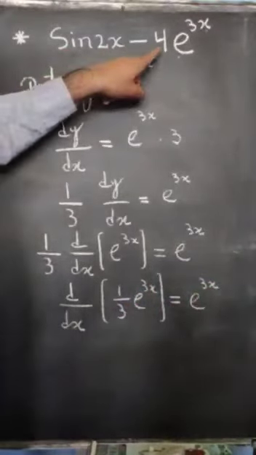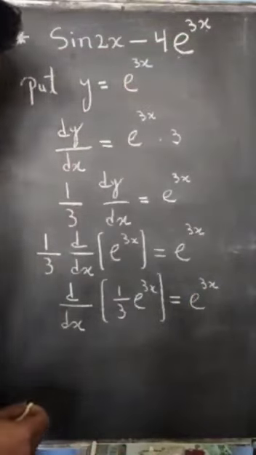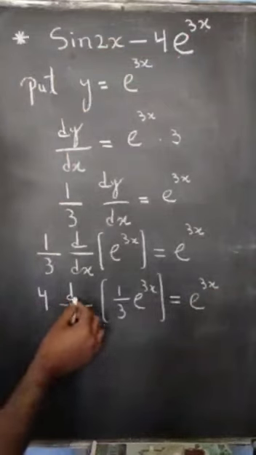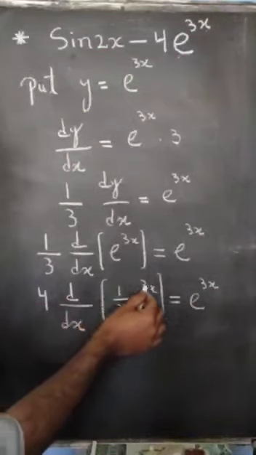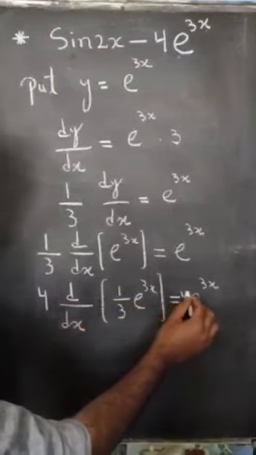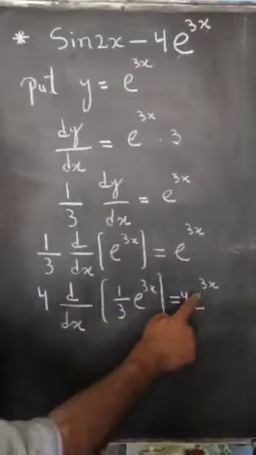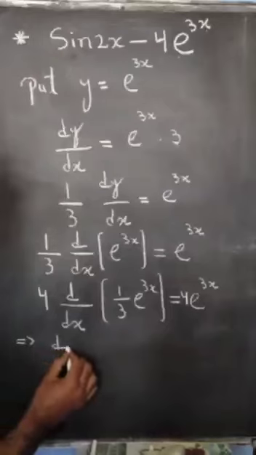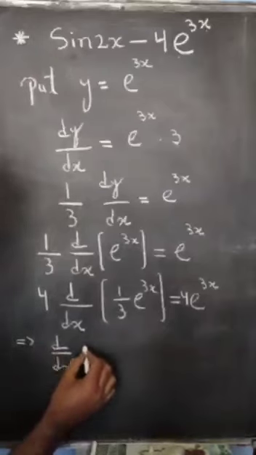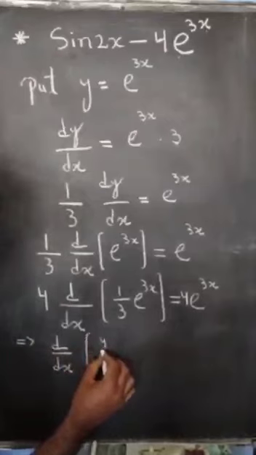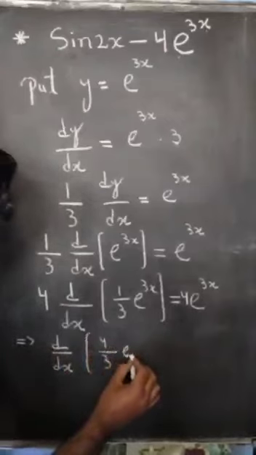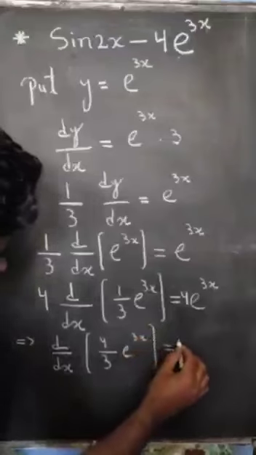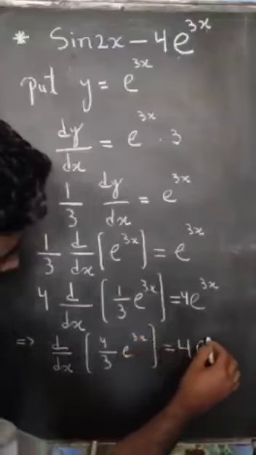Now here we have 4 times e raised power 3x, so multiply 4 on both sides, we get 4 times d by dx of 1 by 3 times e raised power 3x is equal to 4 times e raised power 3x. That further implies d by dx of 4 by 3 e raised power 3x is equal to 4 times e raised power 3x.